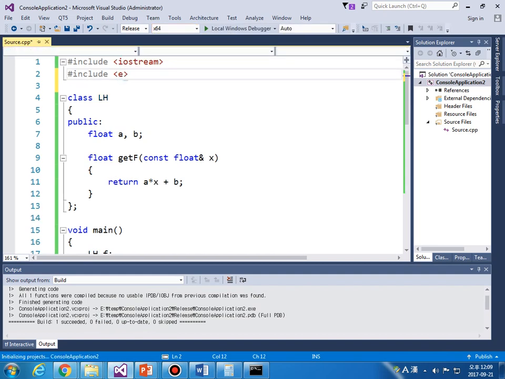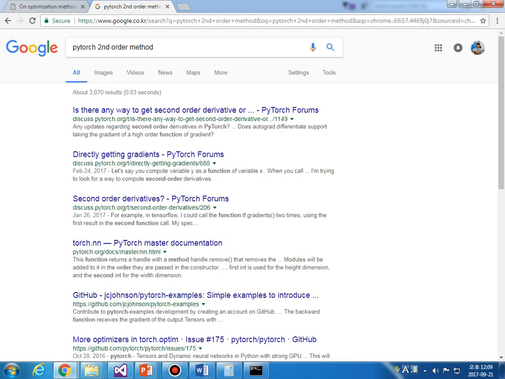Okay, let's use eigen library. Source. Let's go to the tutorial of eigen library.